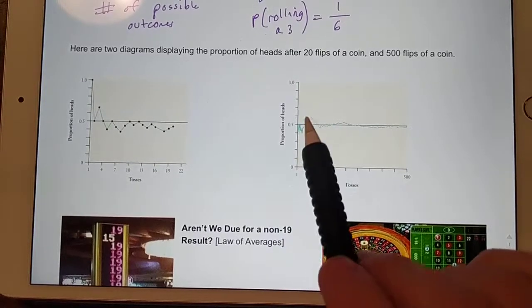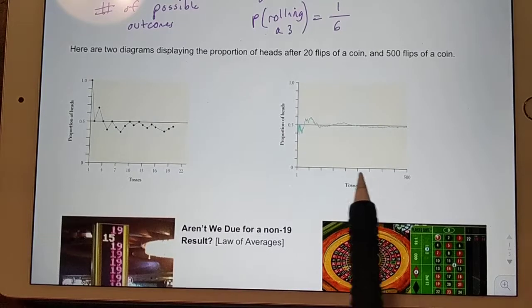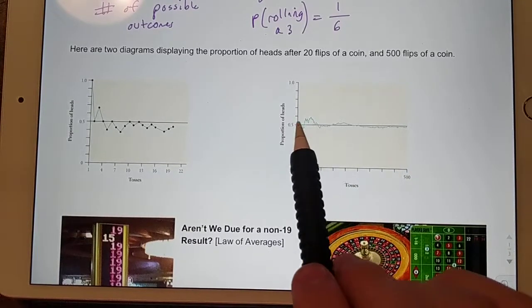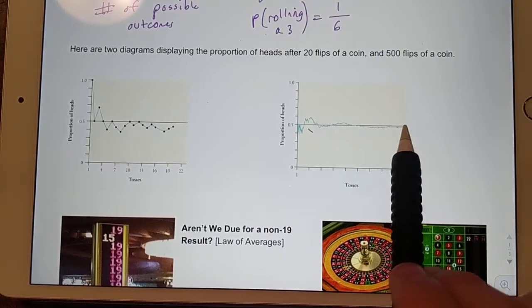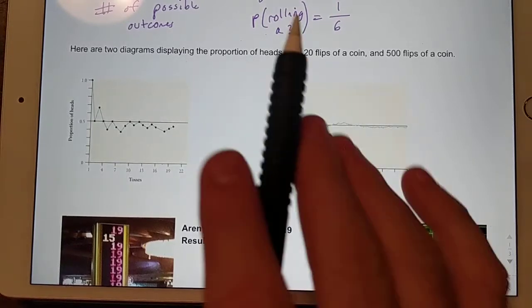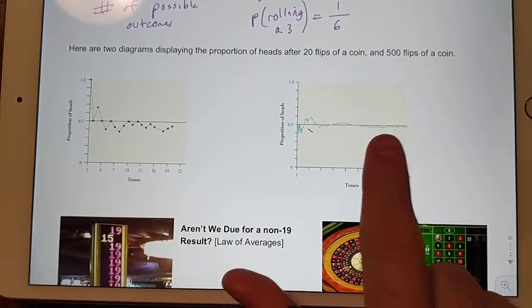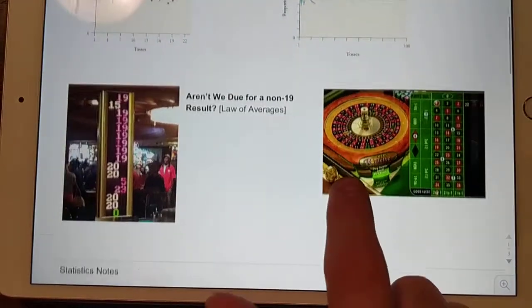The second graph, 500 tosses, versus 20 tosses, a lot more tosses here, a lot of unpredictable behavior in this beginning here, and then it kind of approaches getting real close to that 0.5 towards the end. So a lot of variability in the beginning, and then after many flips, it becomes way more predictable at the end. It approaches that 0.5.